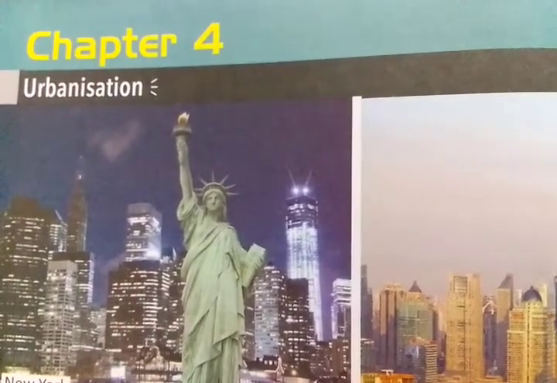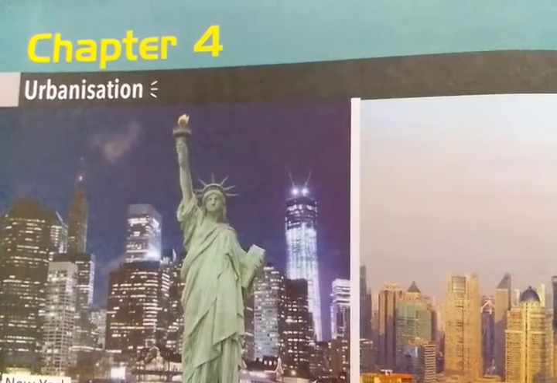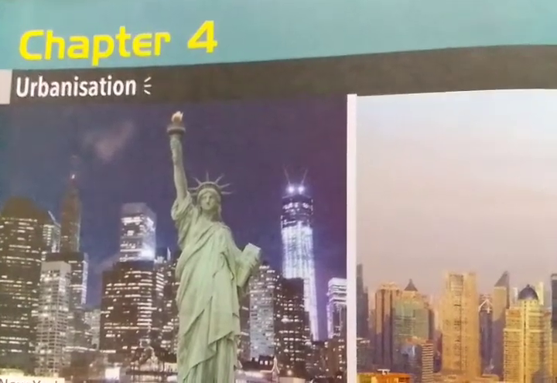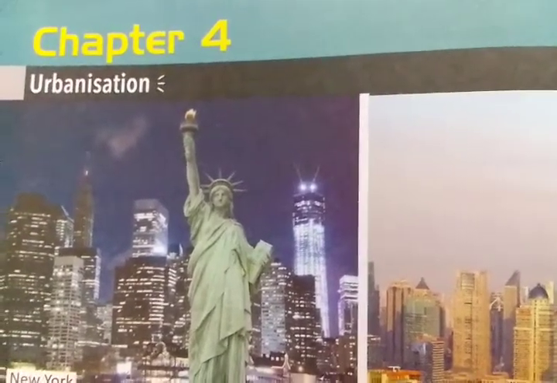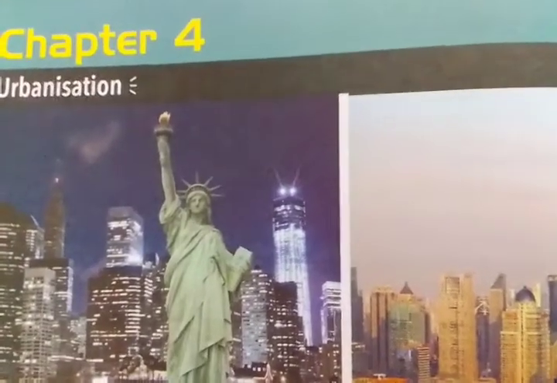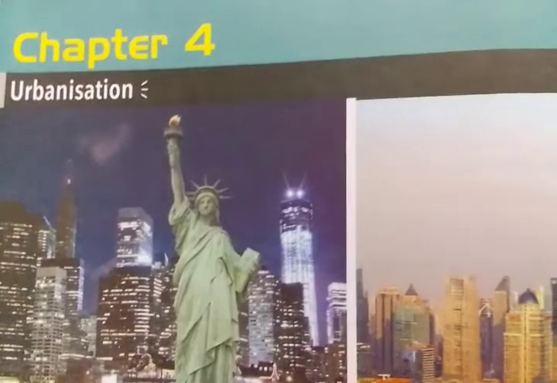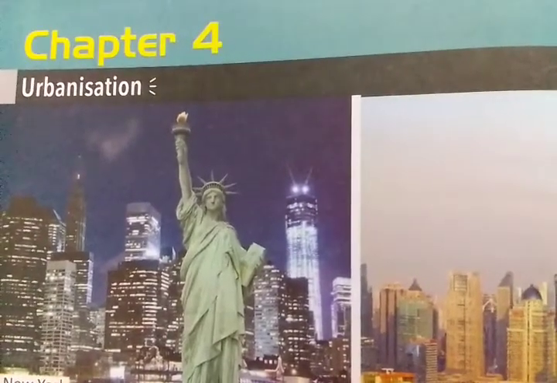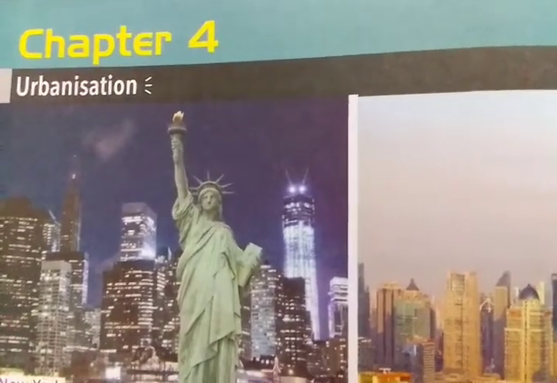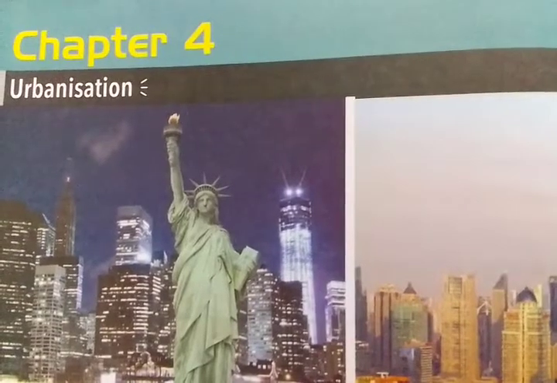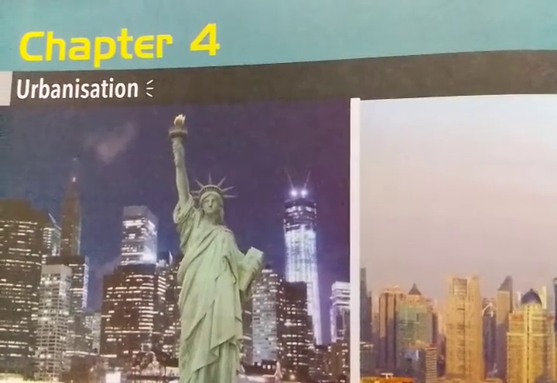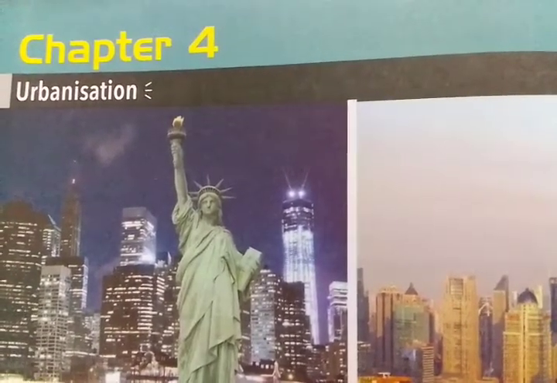When these people are engaged mostly in primary occupations with relatively small population, the settlements are called rural settlements. So you can say settlements whose inhabitants are engaged in primary activities are called rural settlements.